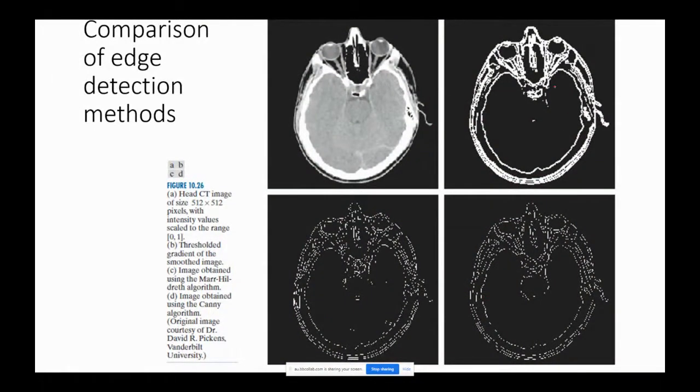So again, this is the threshold of the gradients of this smoothed image. This is the result of the Marr-Hildreth algorithm, and this is the image obtained by the Canny algorithm. And then again, it depends on what you want to do with this image. If you want just a better model of this image with the edges, I'd say that this one is a lot clearer, even though you have some thick edges here.